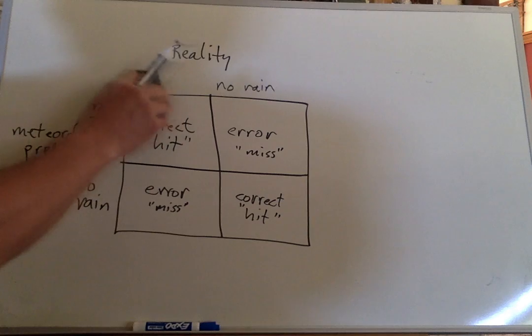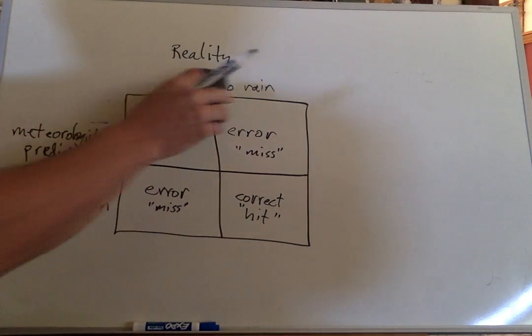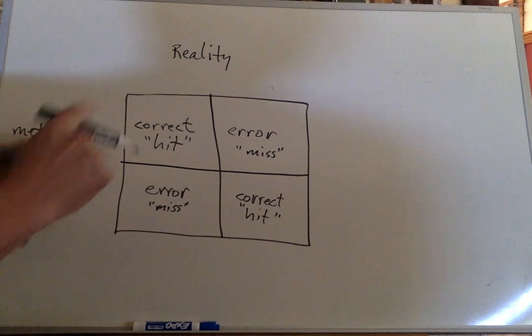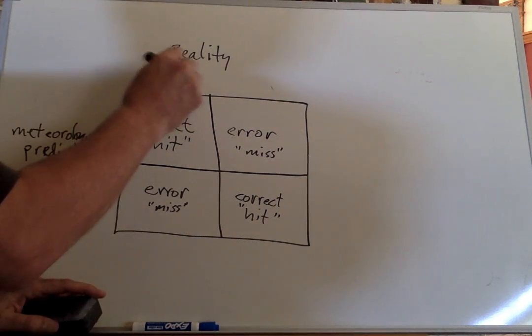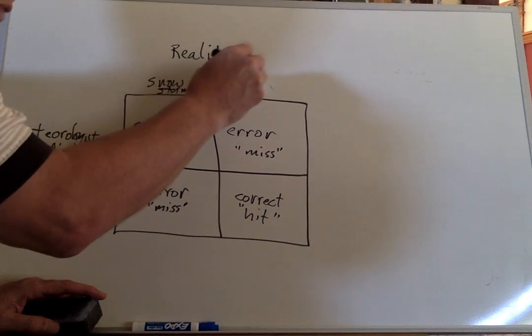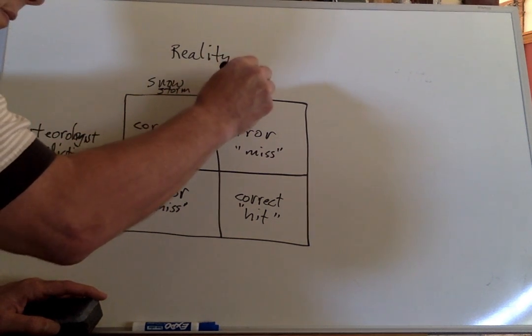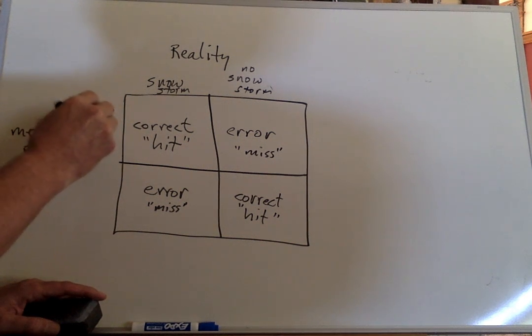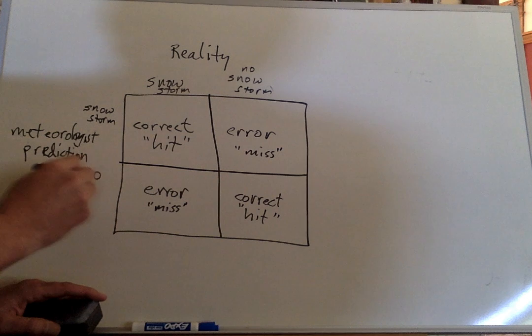And by the way, let's turn this from rain to snow, okay? Because this is one of my pet peeves that I'll talk about. So let's do this. Snowstorm, right? No snowstorm. This is a snowstorm. No snowstorm.